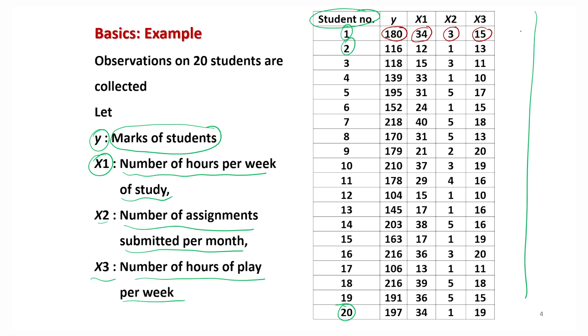Now, this is my first set of observation. Now, I try to repeat the same thing for the second student. I ask the student how many hours of study, number of assignments, and number of hours of play, and I record this data, and I repeat this for all the 20 observations, and we obtain this type of data set.